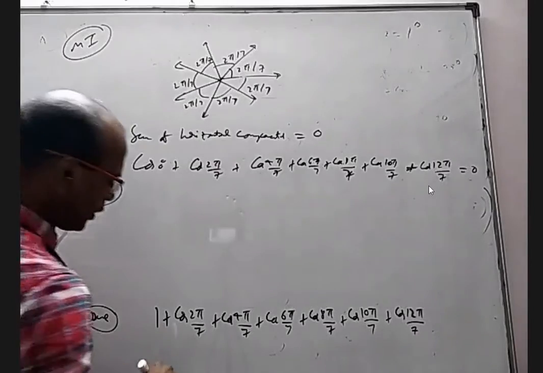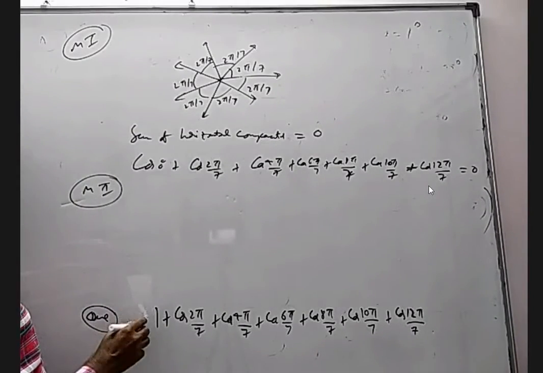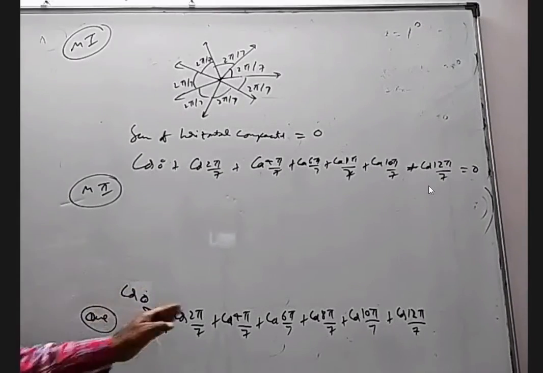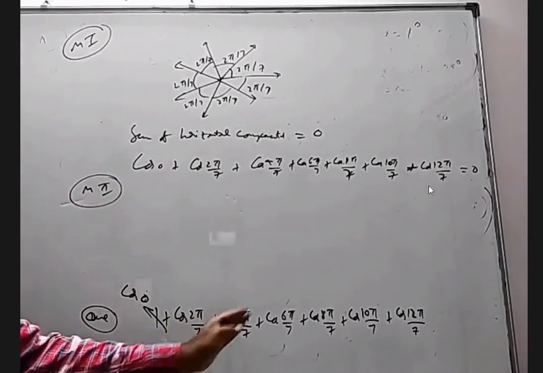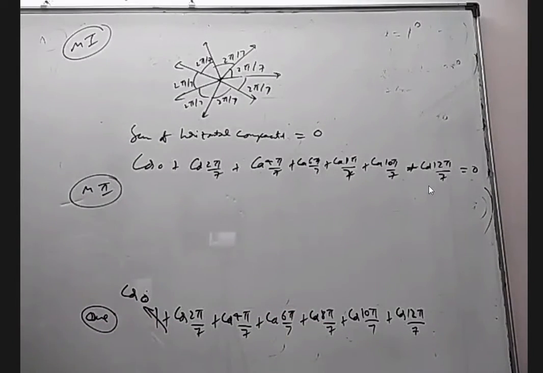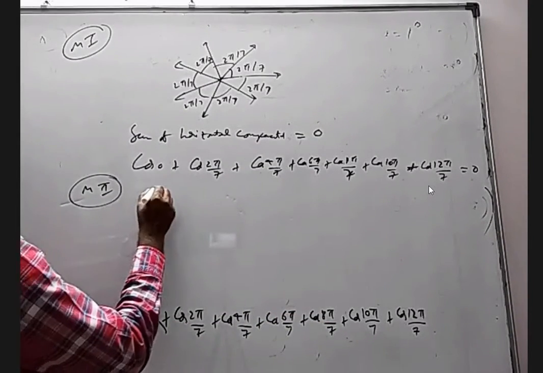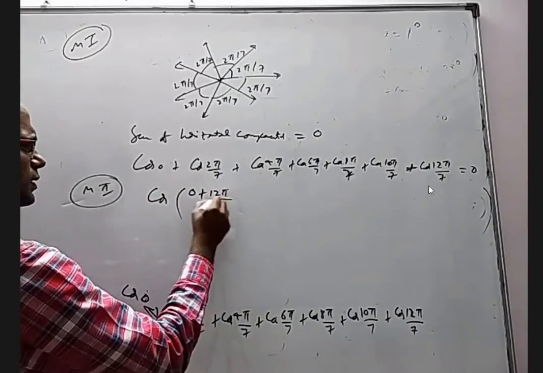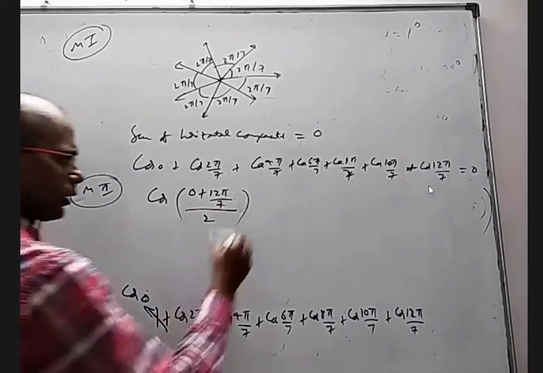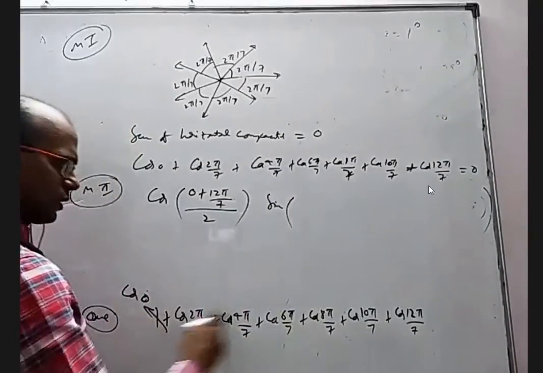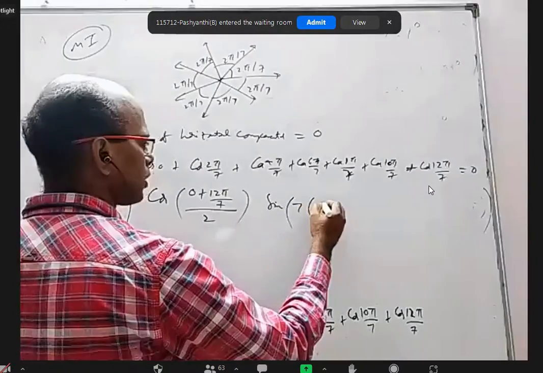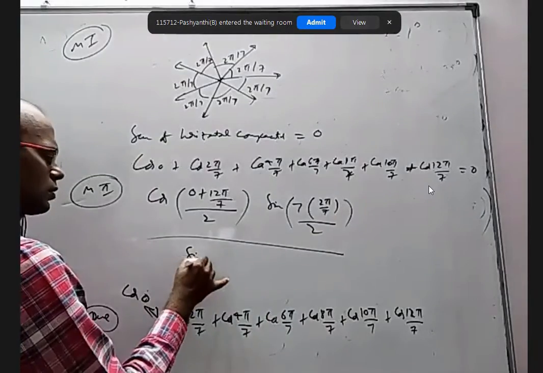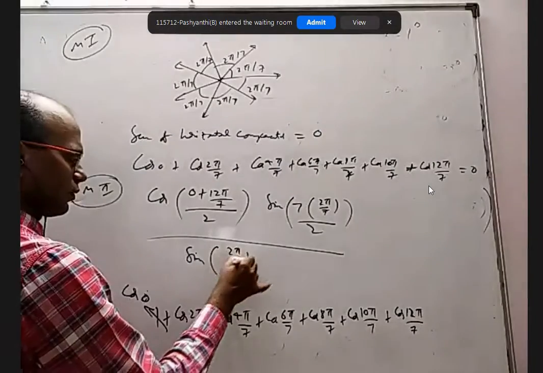Otherwise, according to our formula, even including this 1, it can be written as cos 0 degrees or cos 0 radians. These are all in arithmetic progression, including this 2 pi by 7. So our formula is cos of first angle plus last angle, 0 plus 12 pi by 7, by 2, sin of how many angles, 7 angles into common difference 2 pi by 7 by 2, by sin 2 pi by 7 by 2.